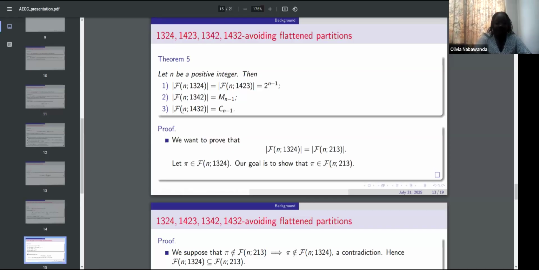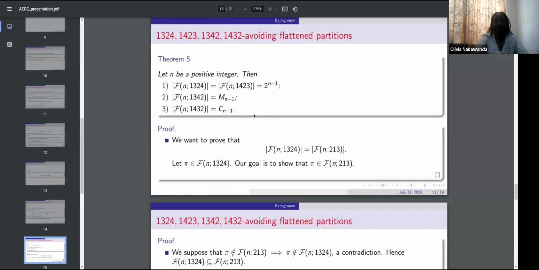Then 3, the number of 1432 avoiding flattened partitions gave us a Catalan number sequence, which is the same sequence as we got for the number of 321 avoiding flattened partitions. So now I'll prove only the first one because the rest of the proofs follow analogously.